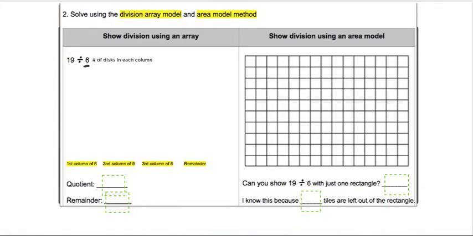And our 19, do you remember what that number 19 tells us? Who can remember what that number 19 tells us? If you said the total, you're absolutely correct. 19 represents our total, you guys. So, how many discs are going to be in each column?